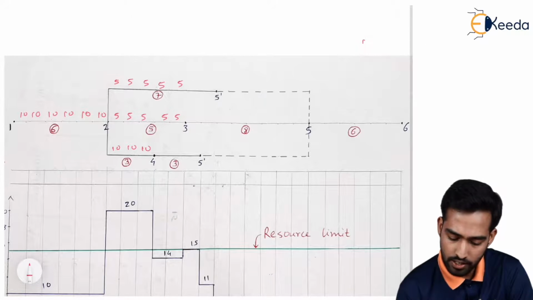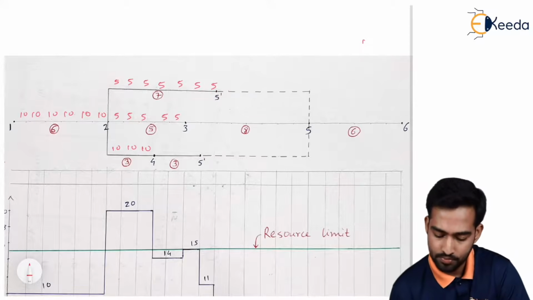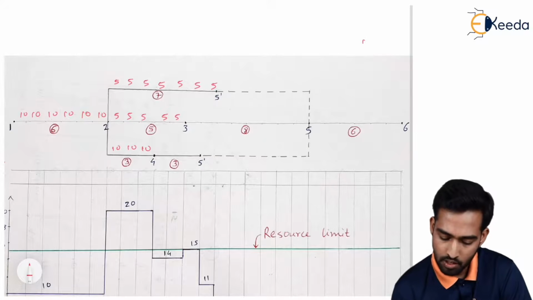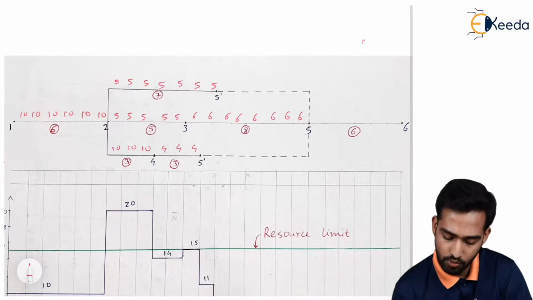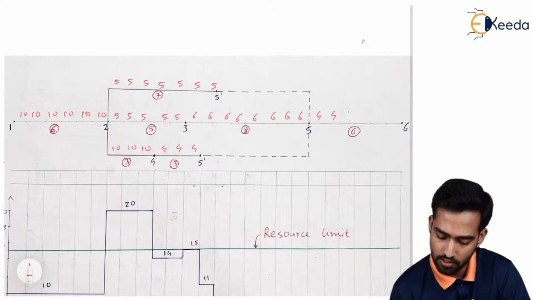So likewise you can write down for each day. And for 3, 5 we require 6 labors per day. For activity 4, 5 we require 4 labors or machines, and the same for your activity 5, 6.